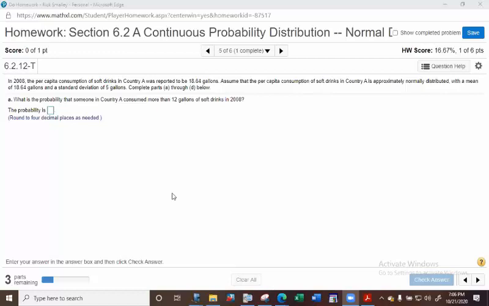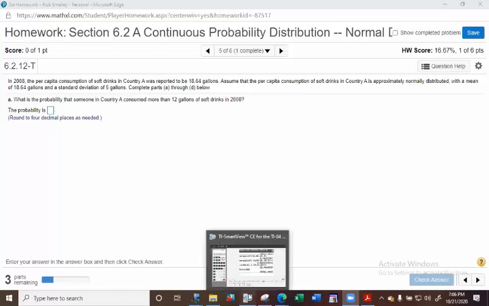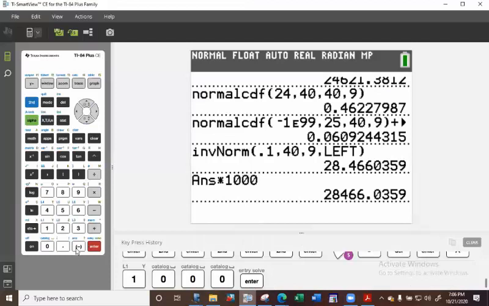Let's see what's in the chat before I get started here. Did you watch me do it when I did it? Then I also explained it in full detail in the notes. I put all the keystrokes. You need to go back and look again, but you just go negative 1 second, comma, 99.